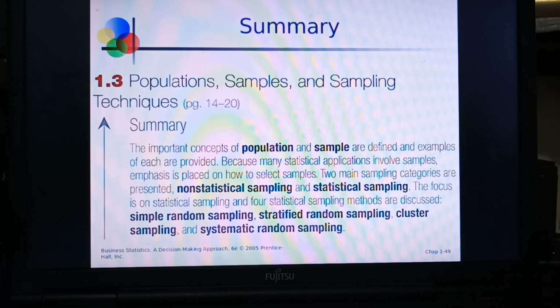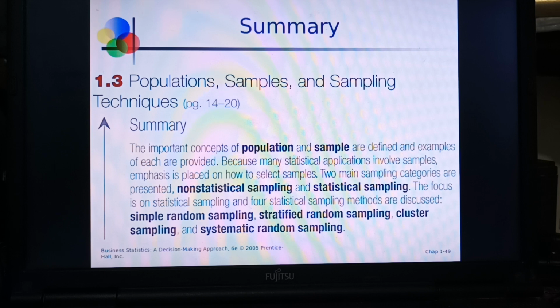The important concepts of population and sample are defined, and examples of each are provided. Because many statistical applications involve samples, emphasis is placed on how to select samples. Two main sampling categories are presented: non-statistical sampling and statistical sampling.